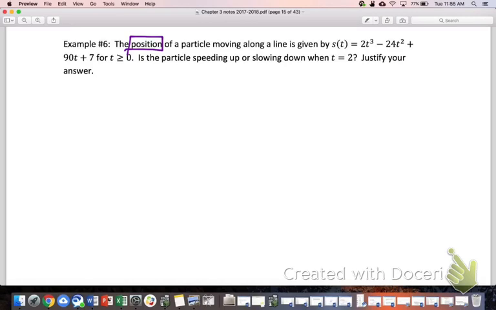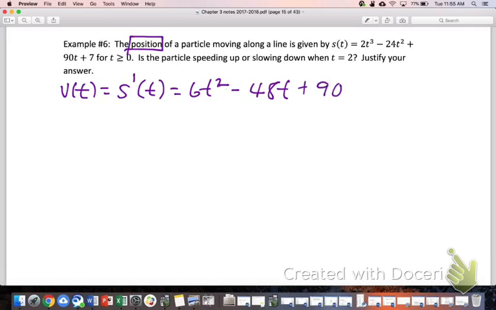Derivatives, yes. So I'm going to say v of t equals s prime of t, and that equals 6t squared minus 48t plus 90. And a of t is equal to s double prime, and that would be 12t minus 48.